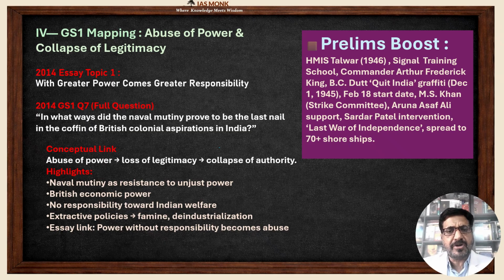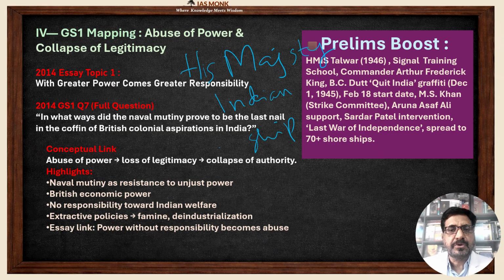HMIS means: H is His Majesty's, because at that time a king was ruling in Britain, and IS is Indian Ship. So His Majesty's Indian Ship Talwar, Talwar is its name.